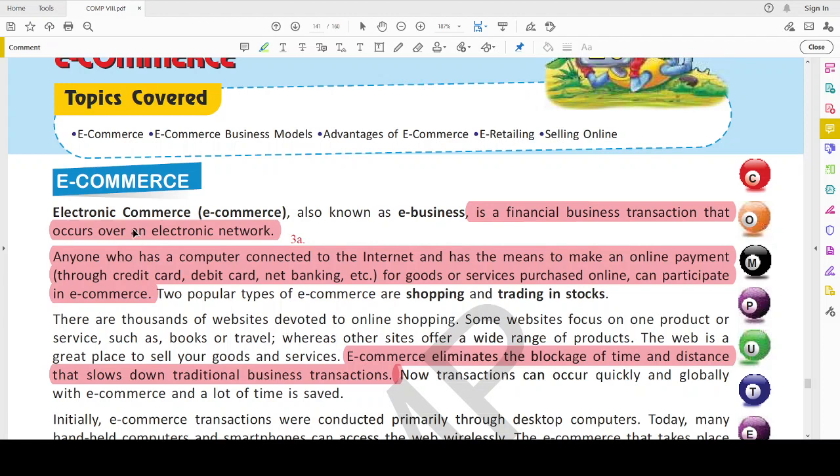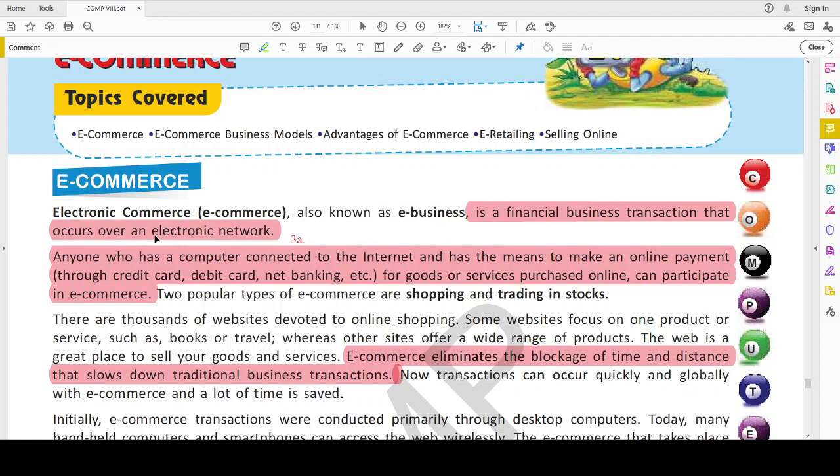So why is this an electronic network? Because it happens over a network of connected devices that work on electricity. It may be your smartphone, it may be your laptop, it may be your desktop.